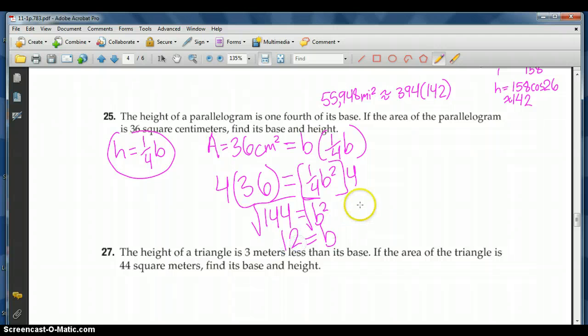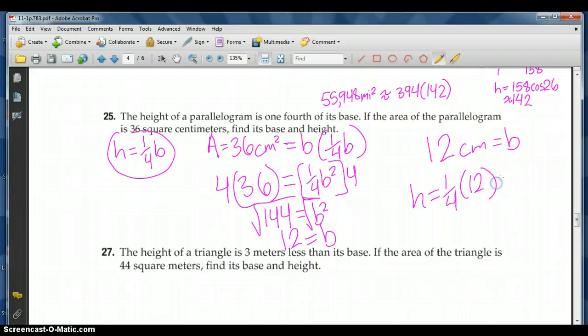And b is equal to 12. So our base is 12 centimeters. Our height is equal to 1/4 of our base, which is equal to 3 centimeters. And just to double check, 12 times 3 is 36.